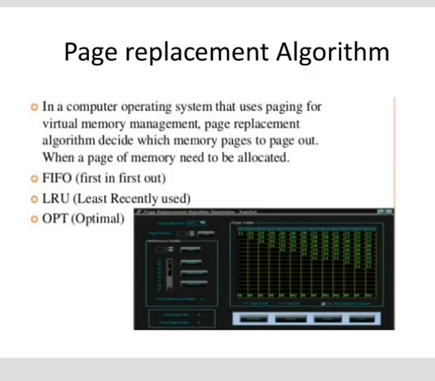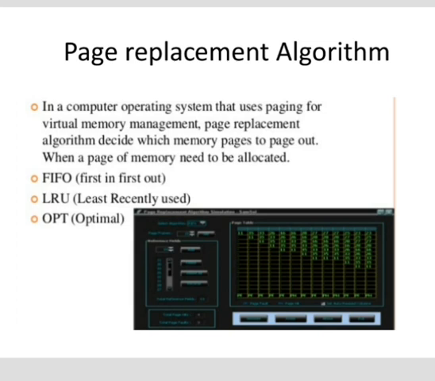Next is page replacement algorithm. So in a computer operating system that uses paging for virtual memory management, the page replacement algorithm decides which memory pages to page out when a page needs to be allocated.